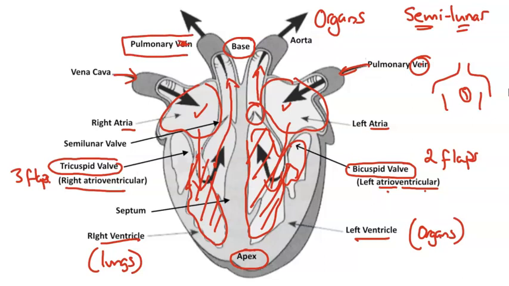I beg your pardon, that's incorrect. That's the pulmonary artery, as it's leading blood away from the heart. That would have to be an artery, and this would go to the lung tissue.